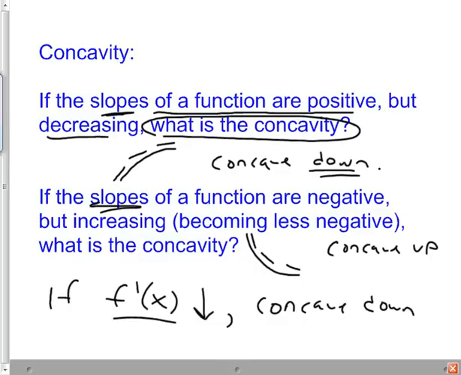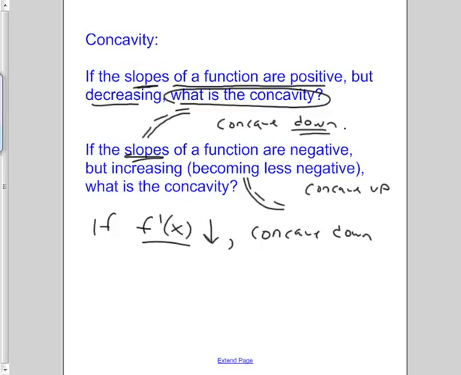And if the slopes, f prime of x, are increasing, then we're concave up.